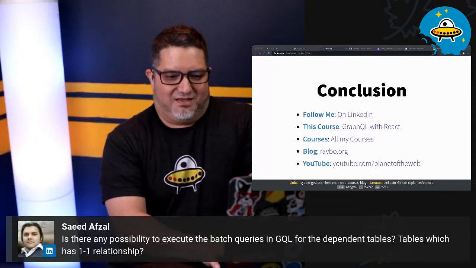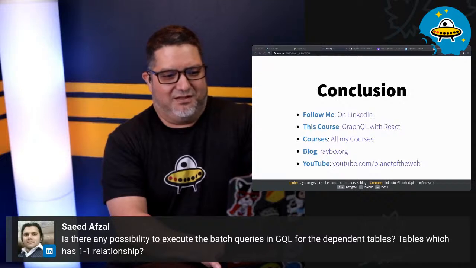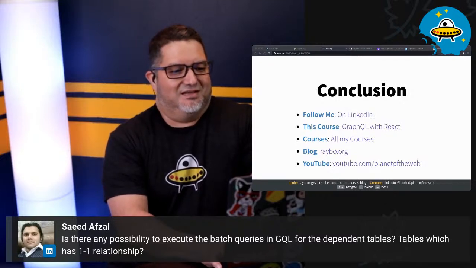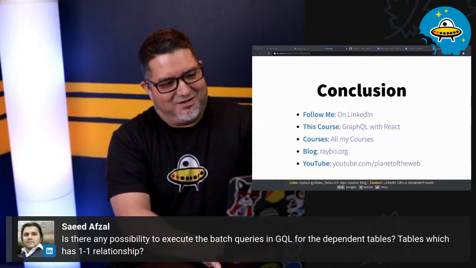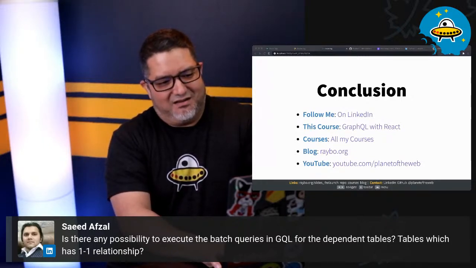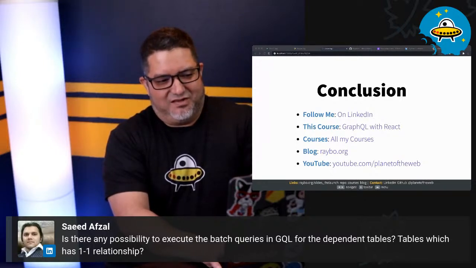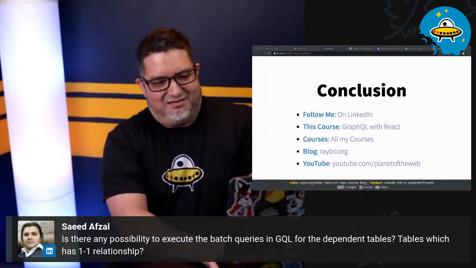Any possibility to execute batch queries in GraphQL for the dependent tables? I'm not exactly sure about this question, I'm sorry. So maybe somebody else can answer this better than me. Batch queries, I mean, GraphQL is sort of like a batch. You just ask for everything at once. I'm not exactly sure what you mean by tables which have one-to-one relationships.